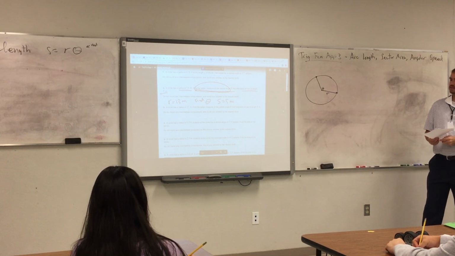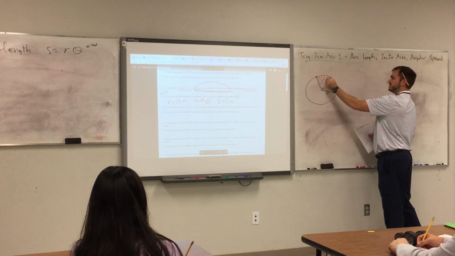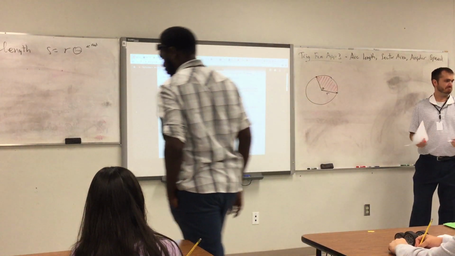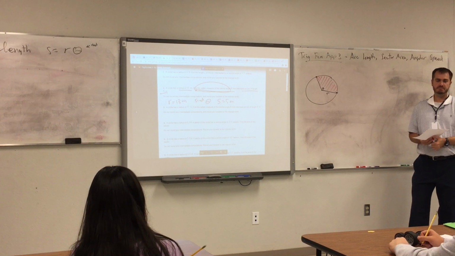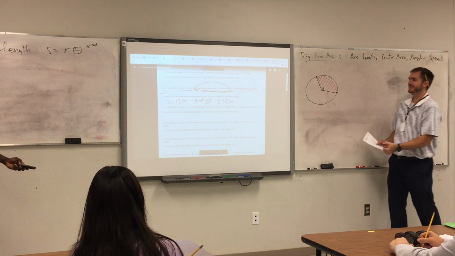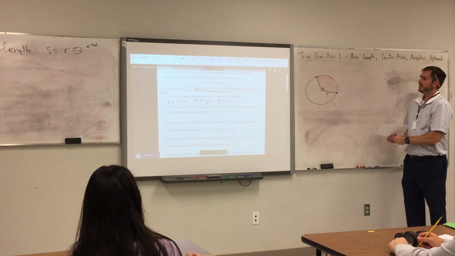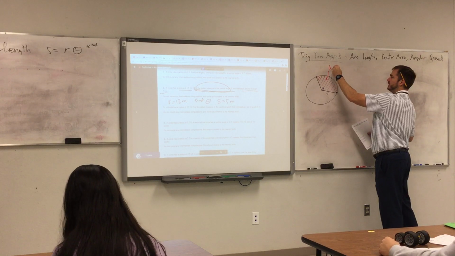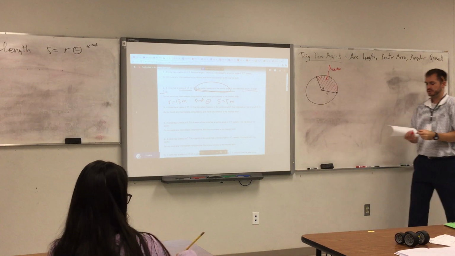This time we're talking about the pie slice or the pizza slice or the Pac-Man's mouth area. That area right in there is the area of that sector. That shape right there is called a sector.